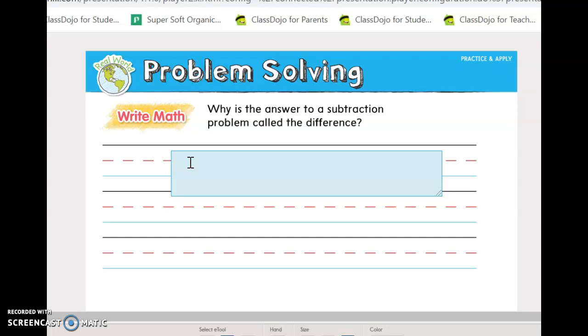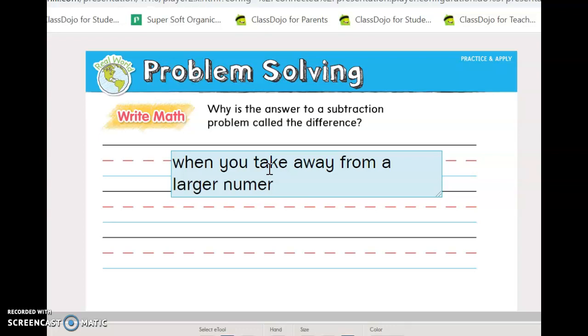So the difference is called when you take away from a larger number, comma, you get what is left.